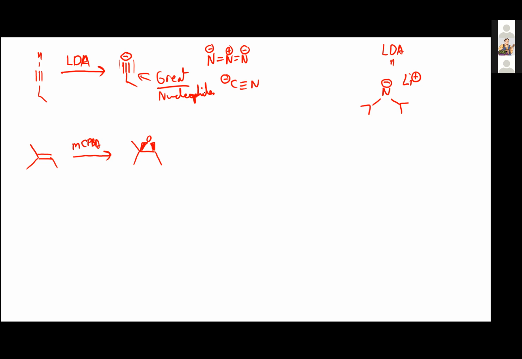We are clearly under basic conditions because we got a C minus in the house. And so we are going to attack the least hindered side of that epoxide. Whee! And it's an SN2 reaction because there is inversion of configuration.